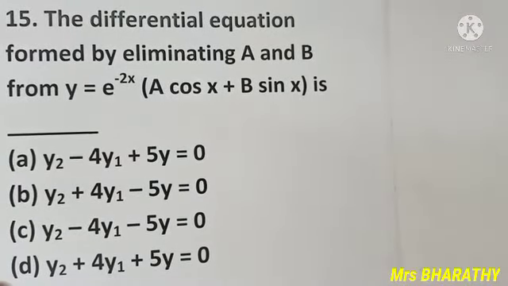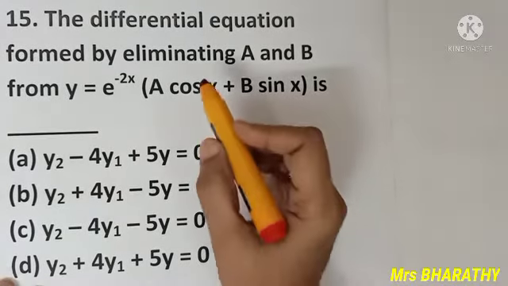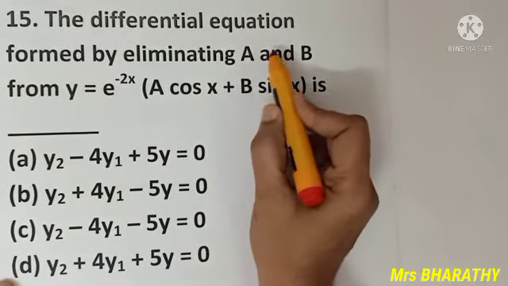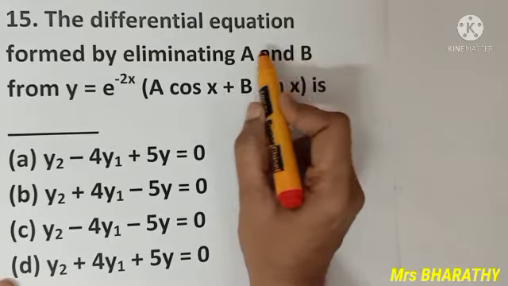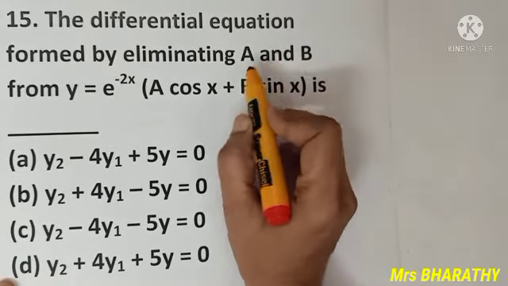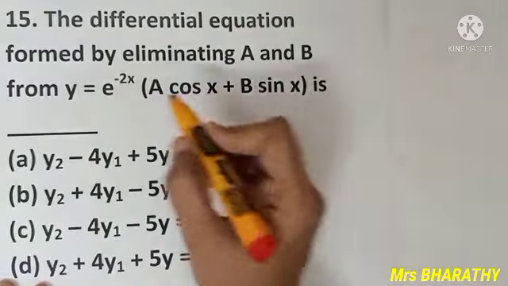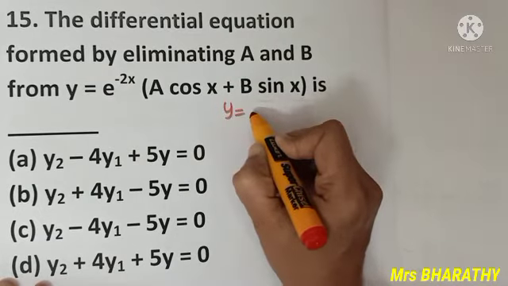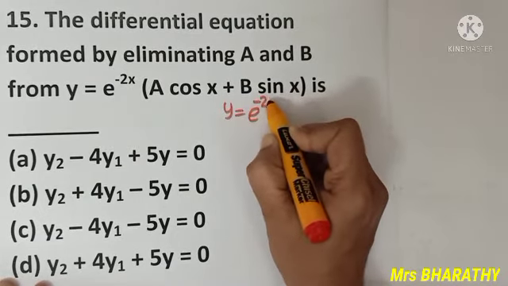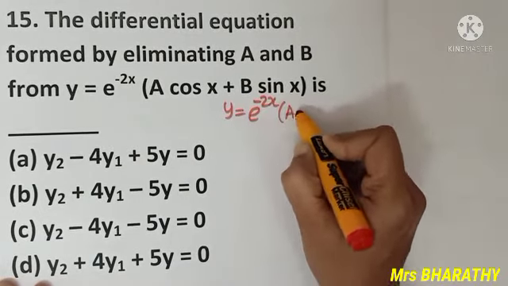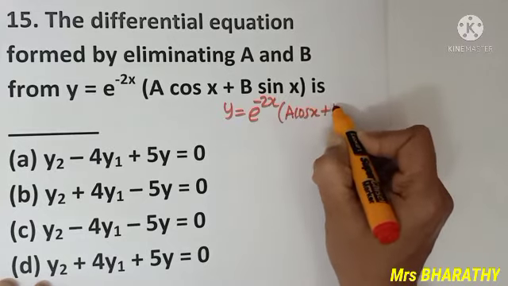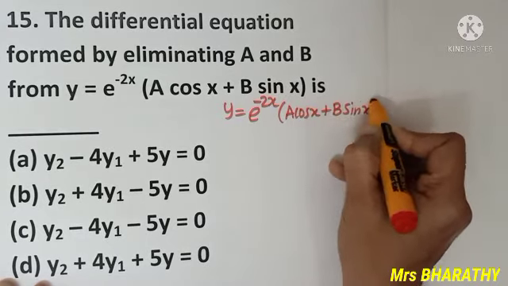Question number 15. The differential equation formed by eliminating A and B. Two constants to be eliminated. So let us differentiate two times. Given y equals e power minus 2x into a cos x plus b sin x.